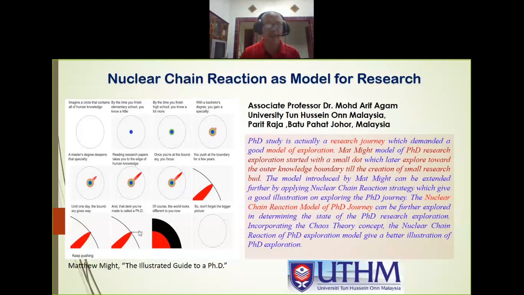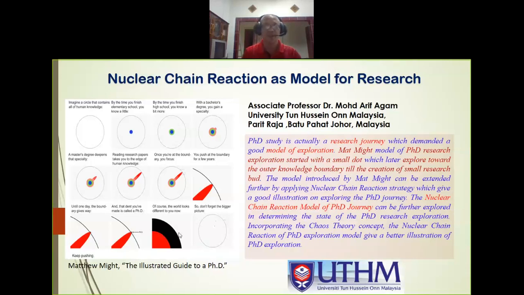Okay, and of course, when we see this image, you see this is the red and this is black, meaning the black is the research development. So no matter how, you can see that our PhD is only a tiny part of the whole human knowledge.